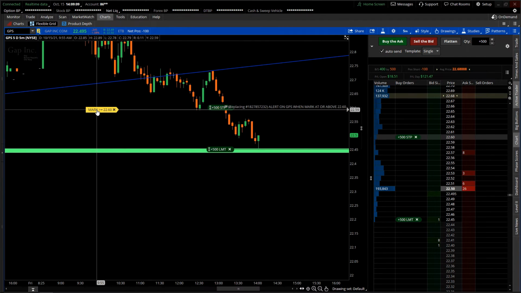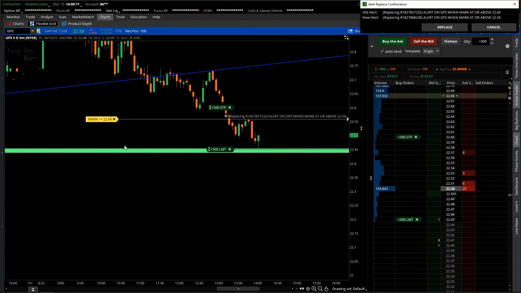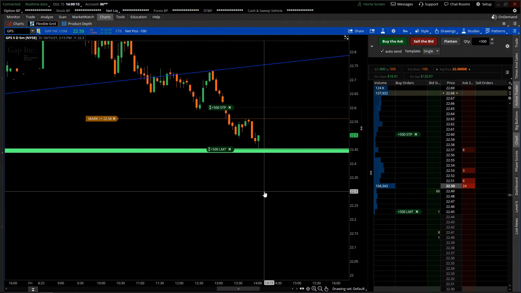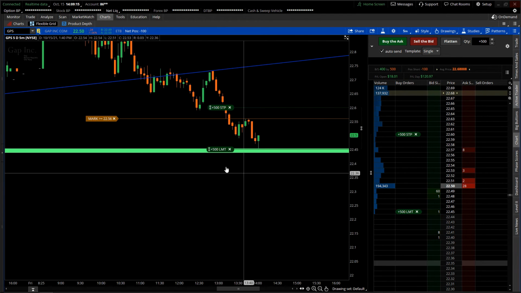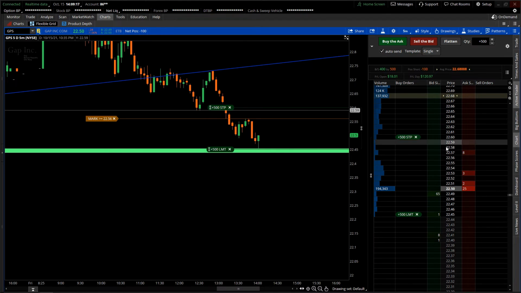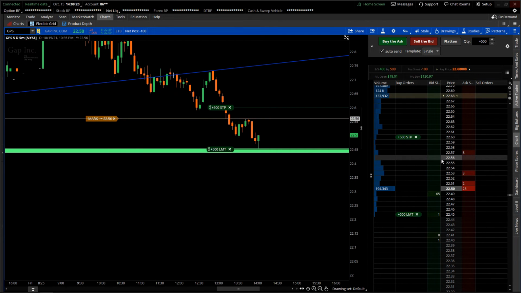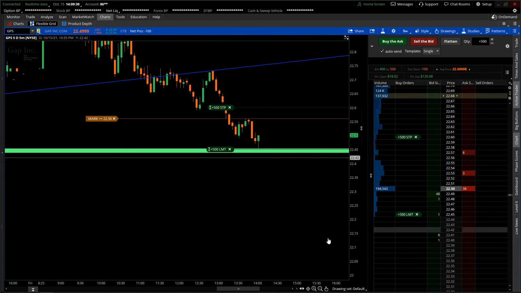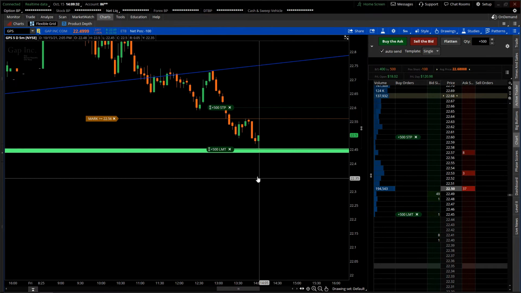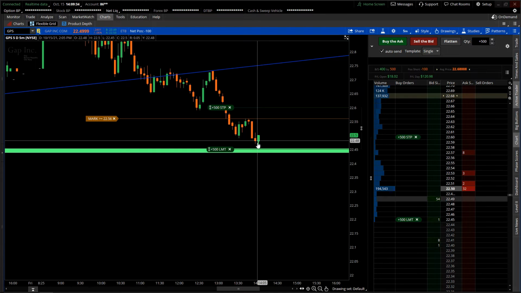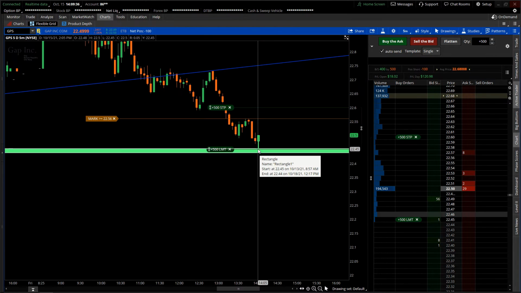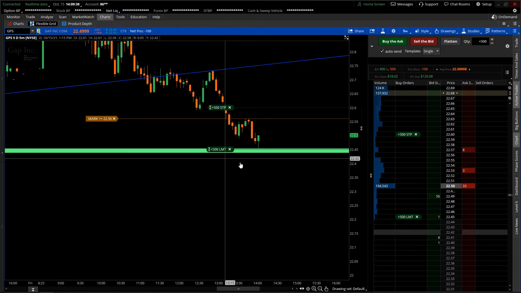So I'm going to move this here. I just want to get out of this trade at this point. So 22.56 is right here. I got wicked out for 400 shares. 400 out of my 500 shares got sold.